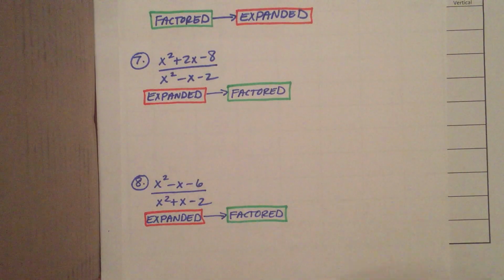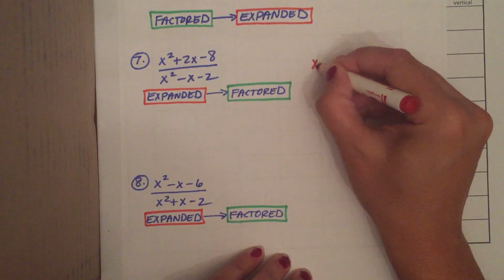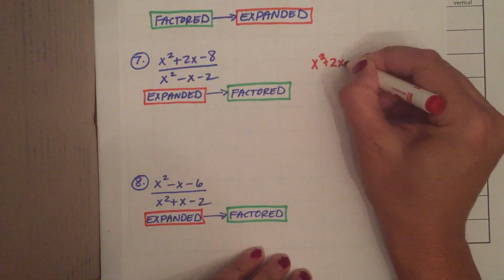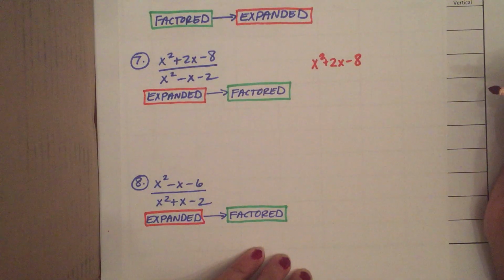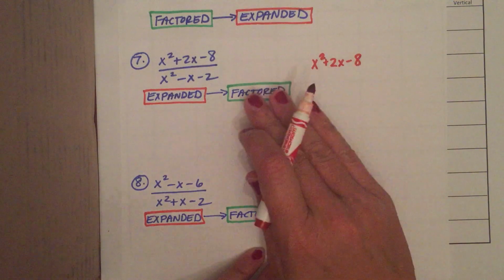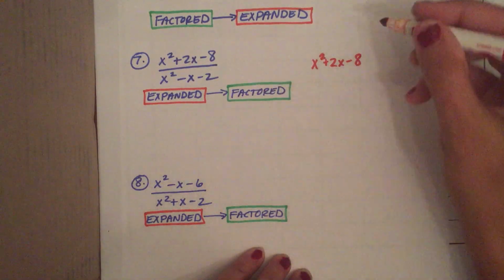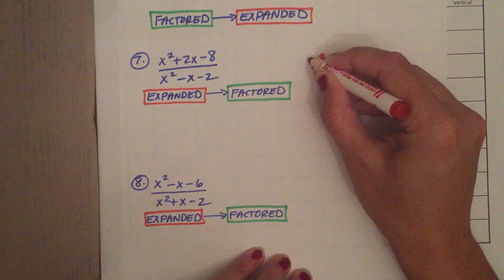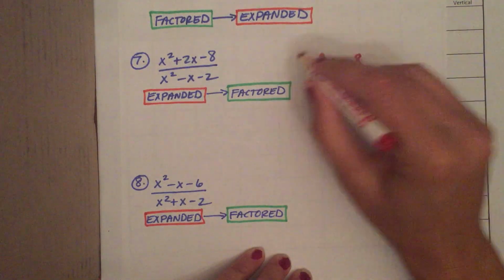This one is written out as x squared plus 2x minus 8. What I want to do is take this trinomial and convert it to factored form. Since the a value is 1, I don't have to do the multiplying.